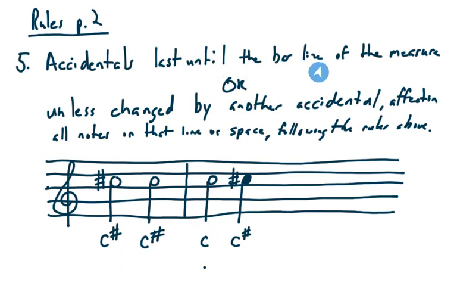They last until the bar line of the measure, or unless changed by another accidental, affecting all further notes in that line or space. So this stays C. This becomes C sharp.